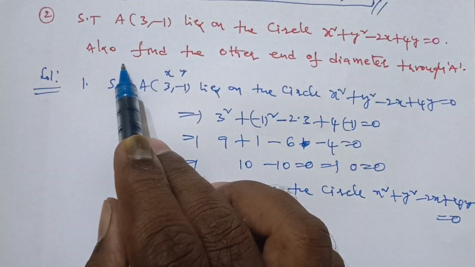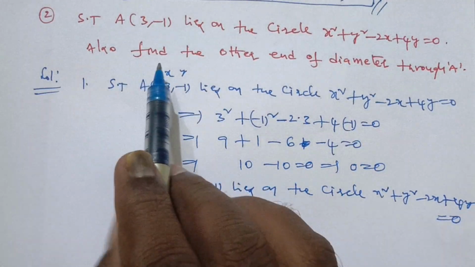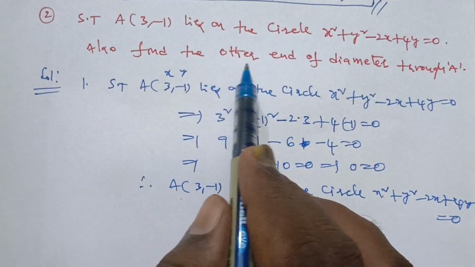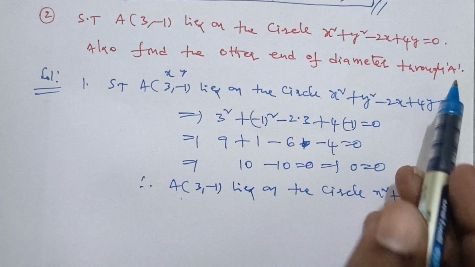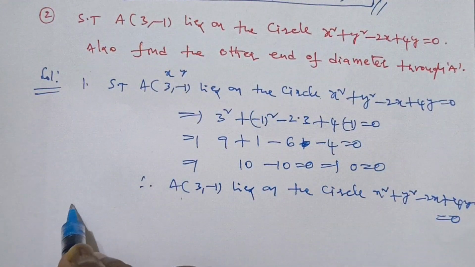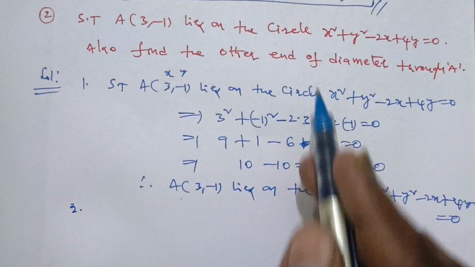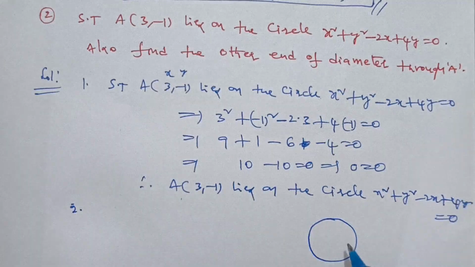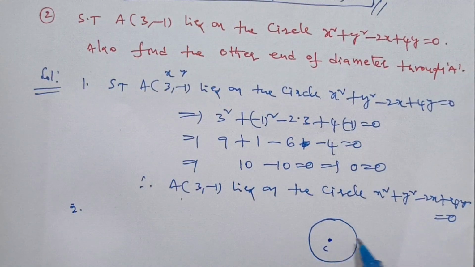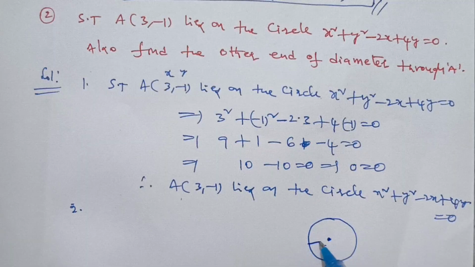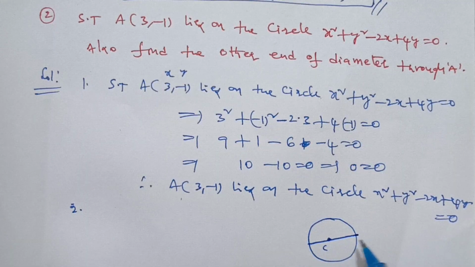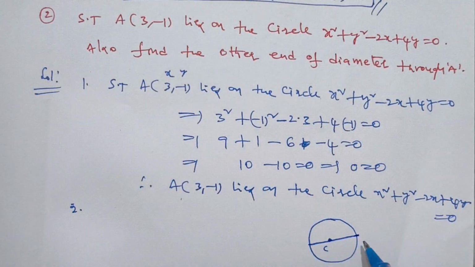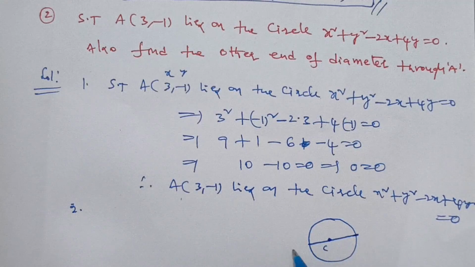And the second step, the second point, is to find the other end of the diameter through A. For the second one, we draw a rough diagram here. This is the circle with the center C. A diameter means a line segment drawn through the center of the circle to the other end.